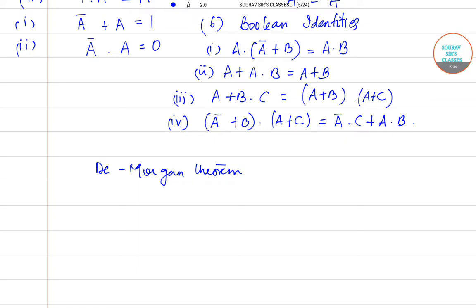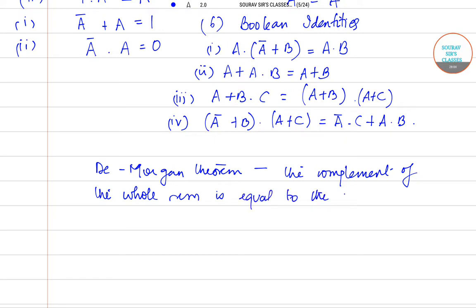Now it actually states that the complement of the whole sum is actually equal to the product of individual complements and vice versa.